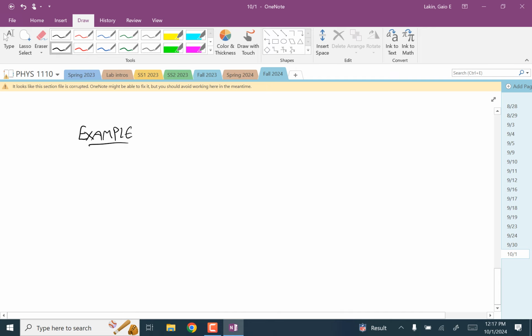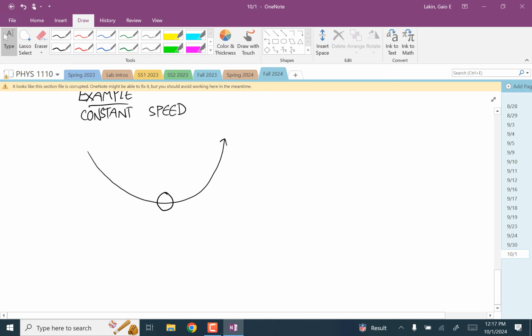Second, let's say an object is moving around a path like this, and it's moving with a constant speed. So what can we say about the acceleration here?